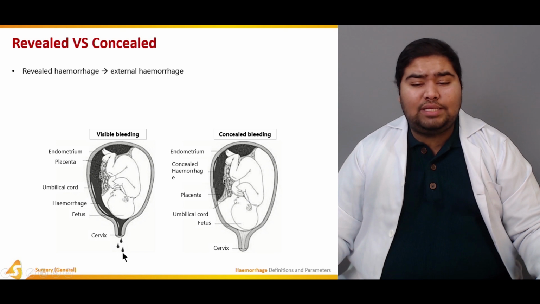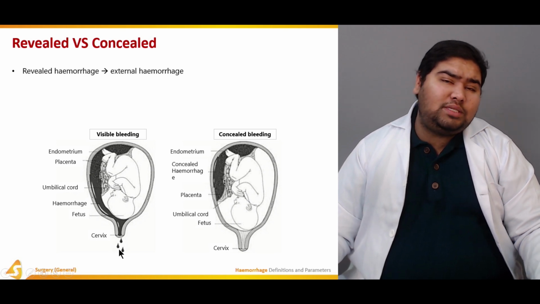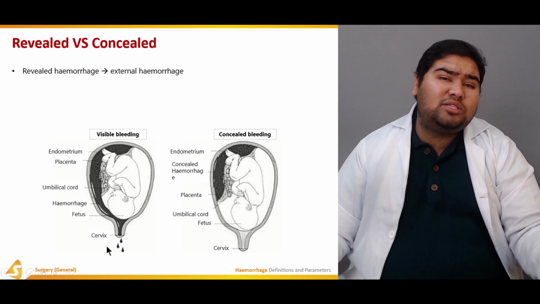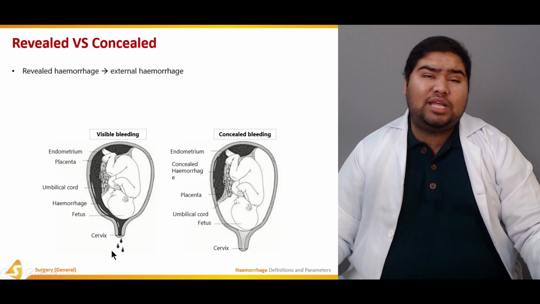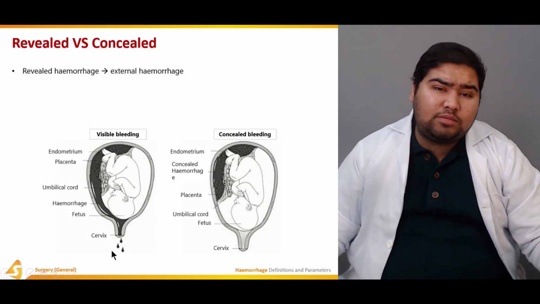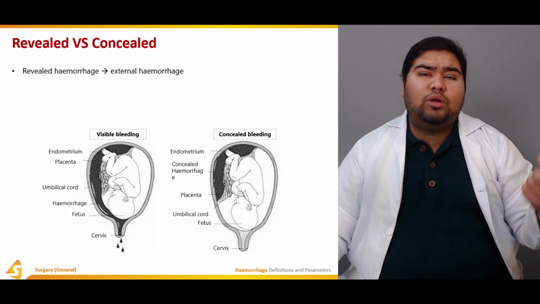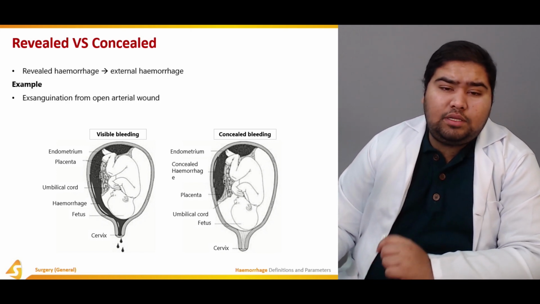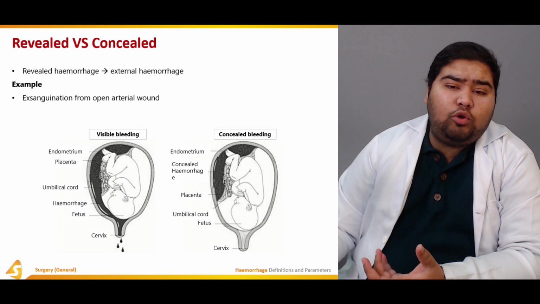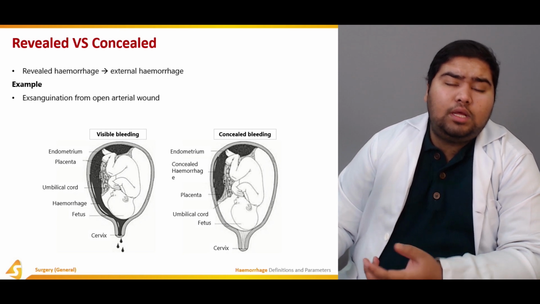Here you can see there's bleeding through the cervix, and this bleeding is visible. This bleeding is known as the revealed, visible or external hemorrhage.